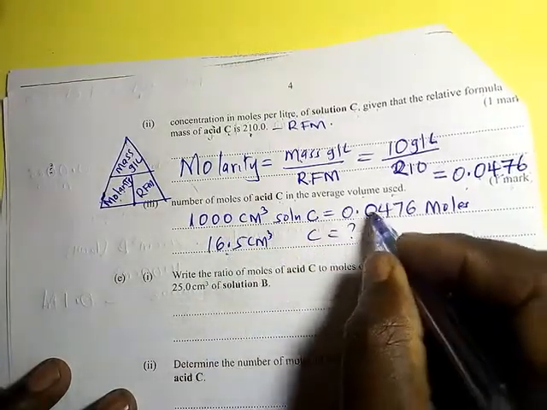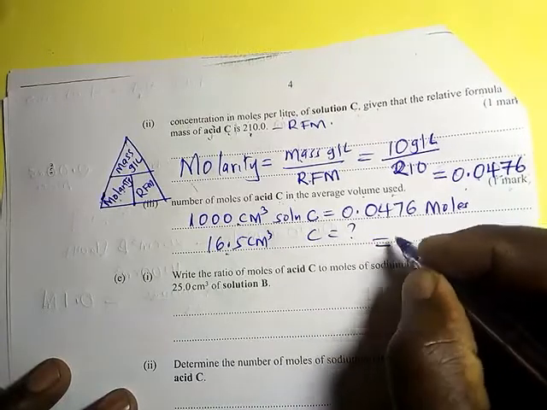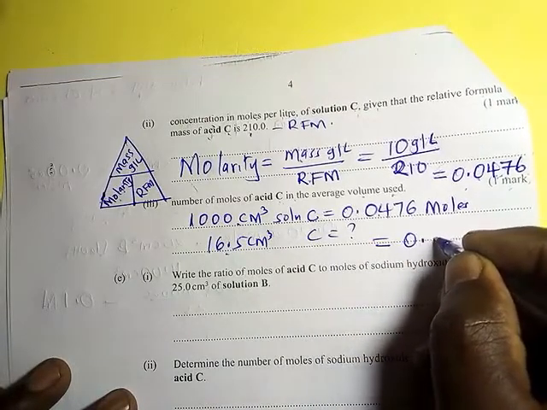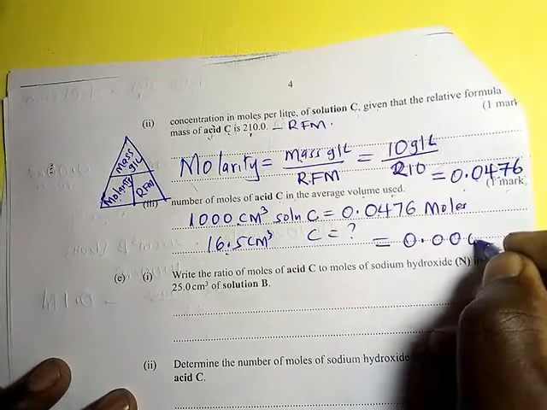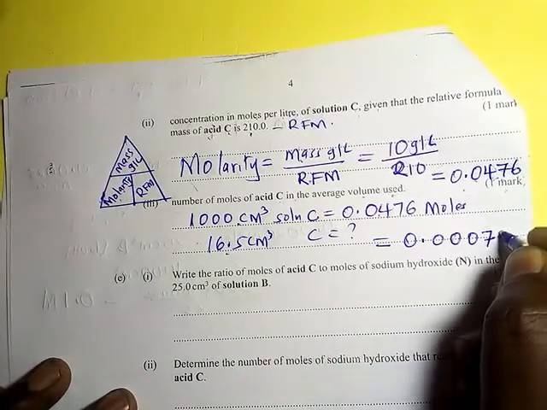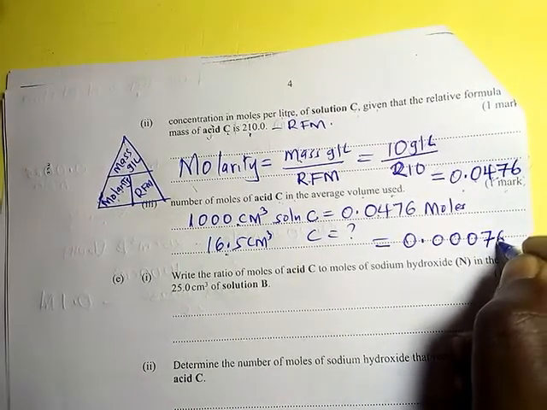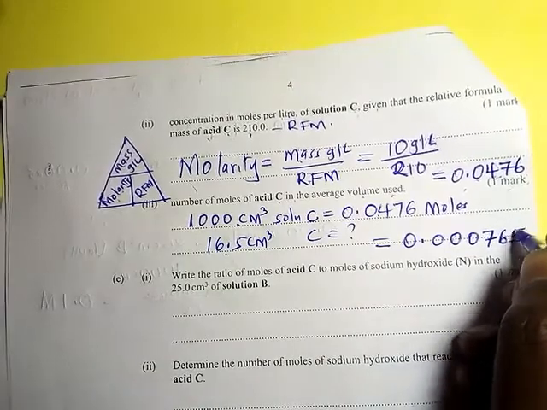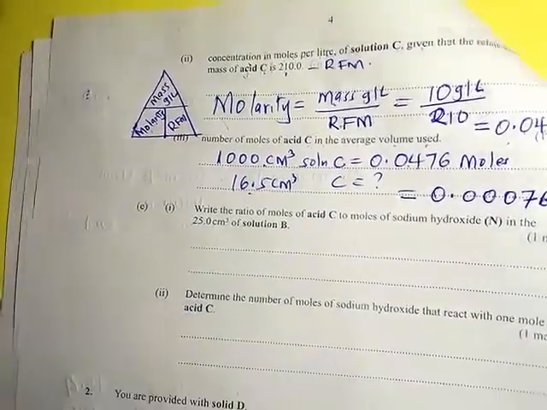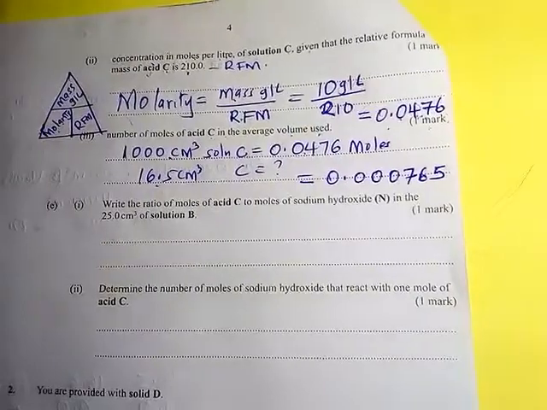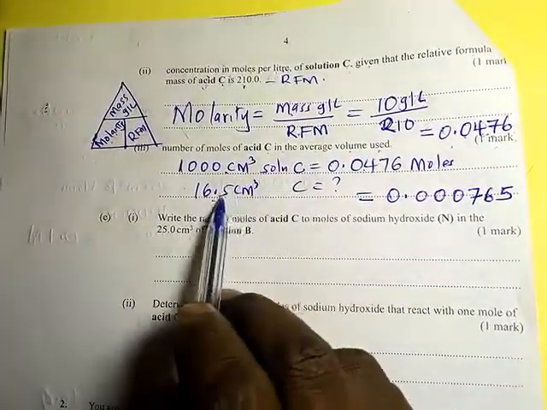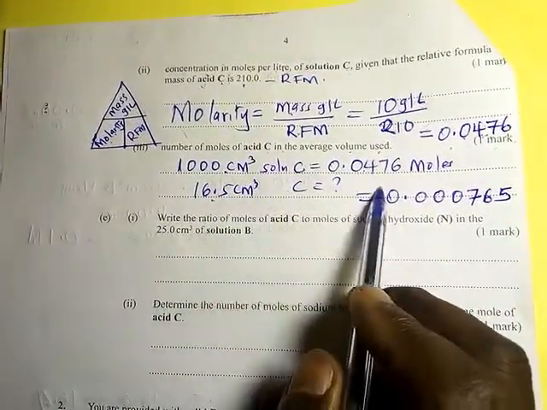So this times 16.5 divided by this will give you 0.000765. That is the number of moles that were in 16.5 centimeters cube of solution C.